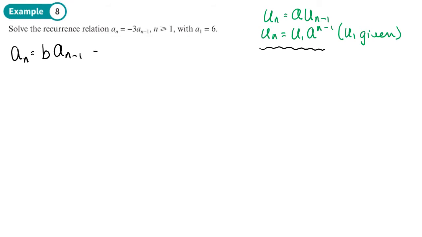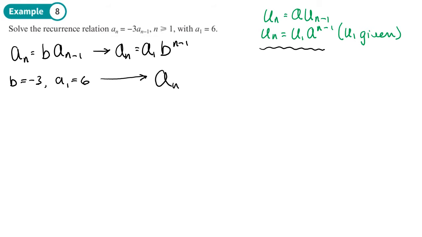So the general solution to that is going to be a_n equals a_1 times by b to the power n minus 1. Now here I have b is equal to -3 and a_1 equals 6. So my solution is going to be a_n equals a_1, which is 6, times by -3 to the power n minus 1.